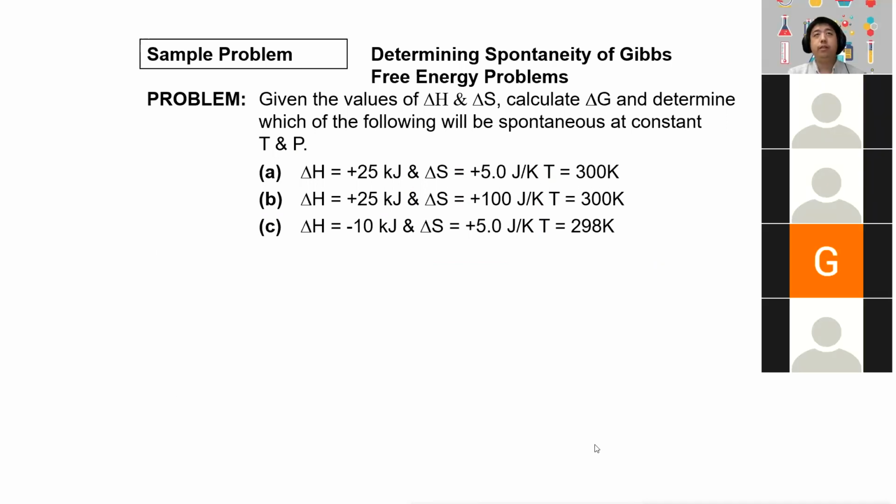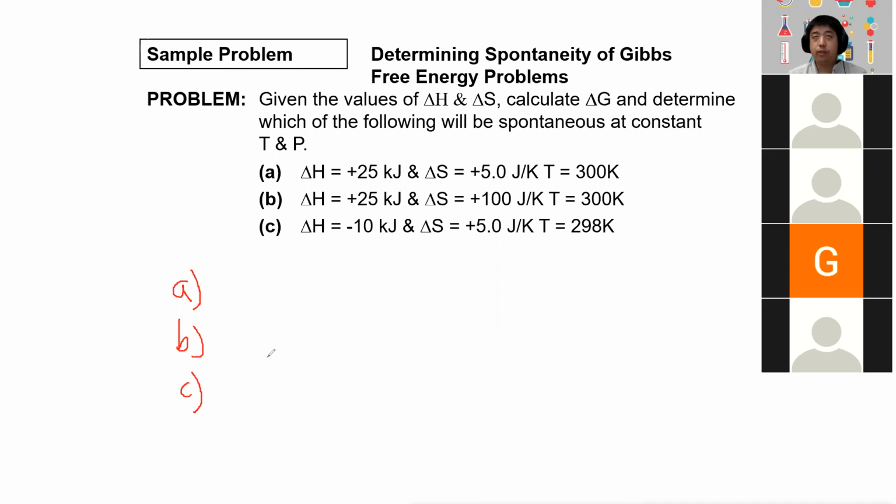Okay, so let's talk about this. For the very first one, what did everyone get for A? What is your value for delta G? It shouldn't be negative 1,475. Anyone else get a different number?